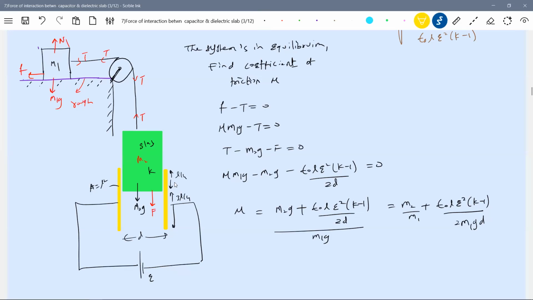Hope everyone will try to work out numericals related to the force of interaction between the plates and the dielectric slab. This F is a conservative force, so you can also apply conservation of mechanical energy to these numericals.